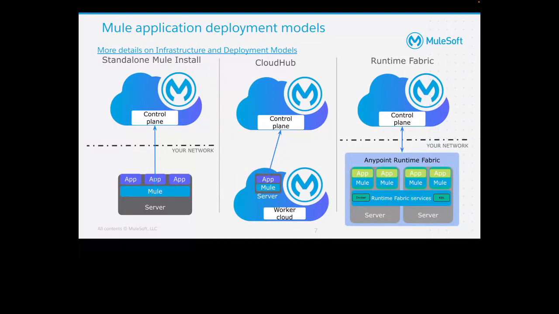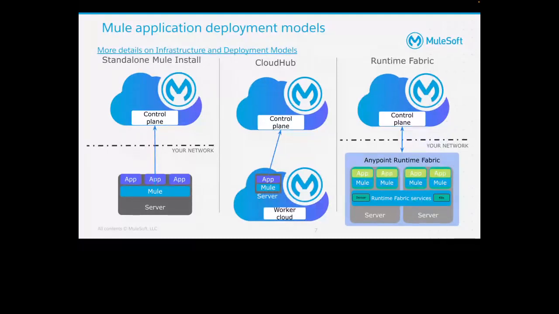In some cases, customers go for something called a hybrid model. Here what you see as a standalone Mule installation, we can also call it a hybrid model. Hybrid as in the control plane: when you say the control plane, you have your API Manager, your Runtime Manager, and all of that on your control plane, from where you can view and control the way you're deploying the applications and the way you're applying policies.